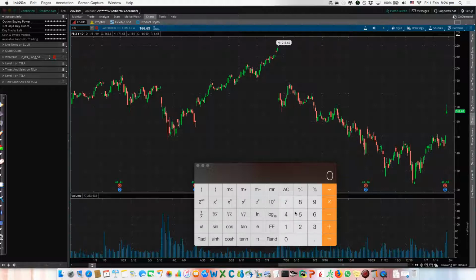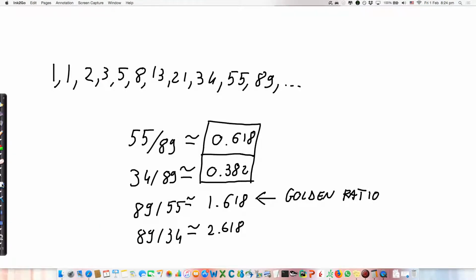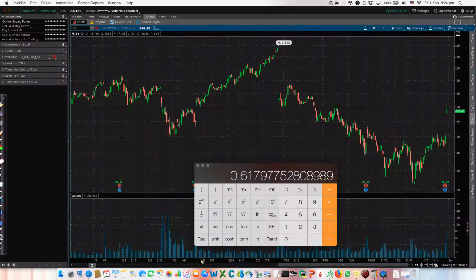So 55 over 89 is around 0.618, right? We say that. And 34 over 89 is around 0.382.